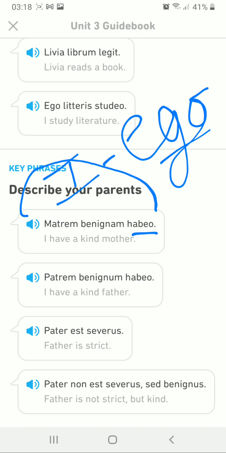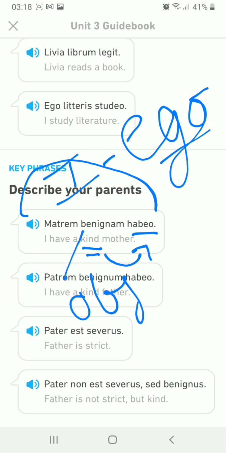I have a mother with the adjective kind. Like I said, the adjective comes second in Latin, and that's why you have mater benigna. But because it is an object, therefore we have to change it and put it in accusative.